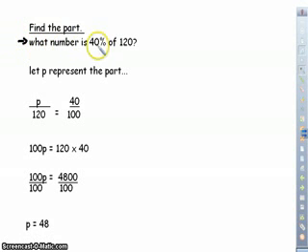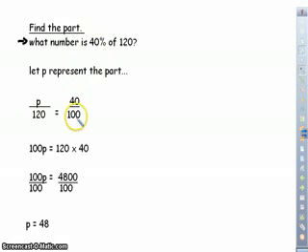What number is 40% of 120? Okay, we're trying to find what smaller number is 40%, that equivalence of 120. That's why we know 120 is our larger number. So we set it up in our formula. Part, we don't know. The whole or the base is 120 equals 40%.